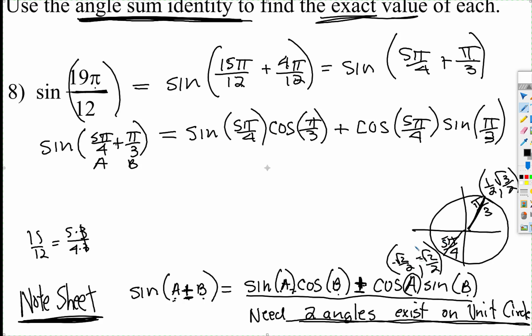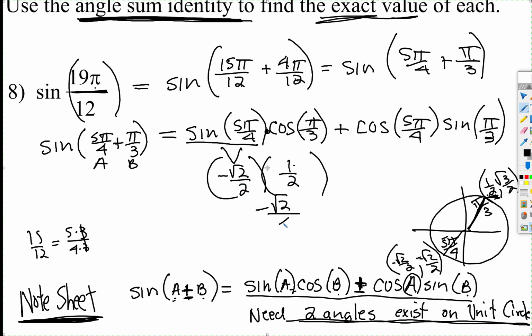Sine of 5 pi 4ths, this thing right here, is negative root 2 over 2. This means multiply, so we're going to multiply. Cosine of pi thirds is 1/2. Negative root 2 over 2 times positive 1/2 is negative root 2 over 4.